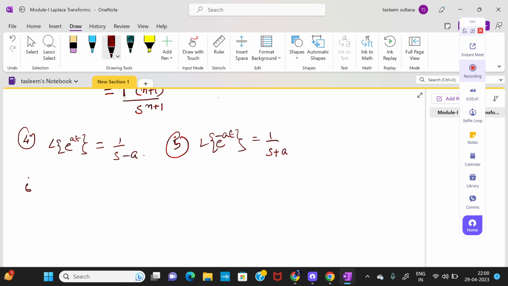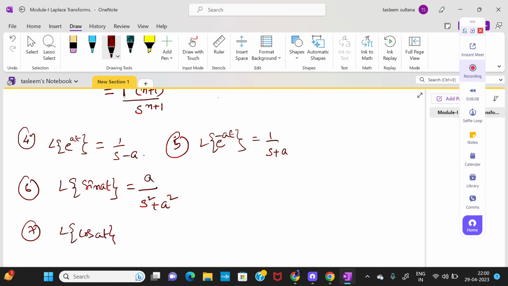Next, your sixth one, L of sin at, which is equal to a divided by s square plus a square. Then your seventh one, L of cos at, which is equal to s by s square plus a square.